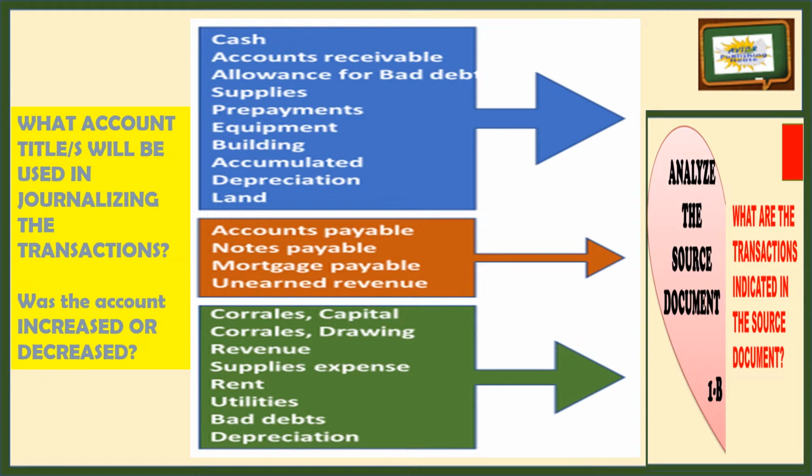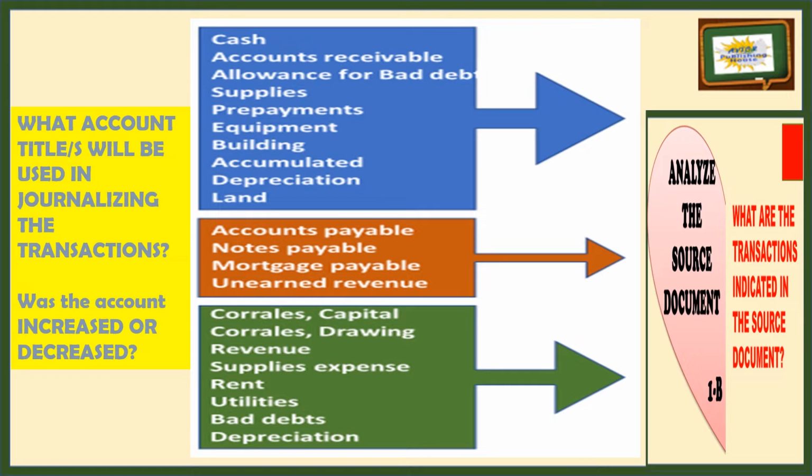So these are the usual account titles for asset, liabilities, and capital. You have cash, accounts receivable, allowance for bad debts, supplies, prepayments, equipment, building, accumulated depreciation, and land. For every depreciable asset, there is a corresponding accumulated depreciation.